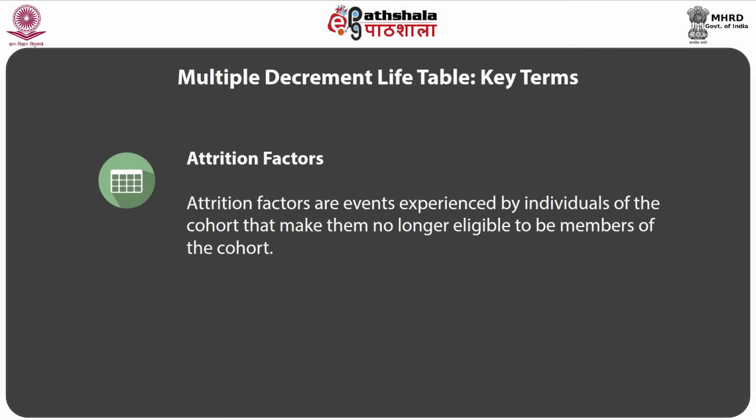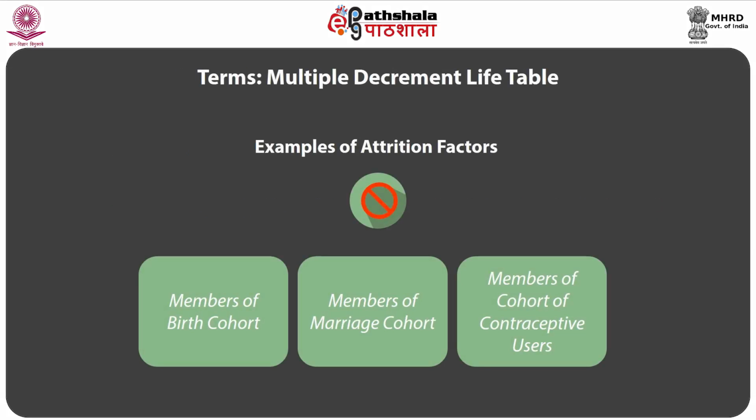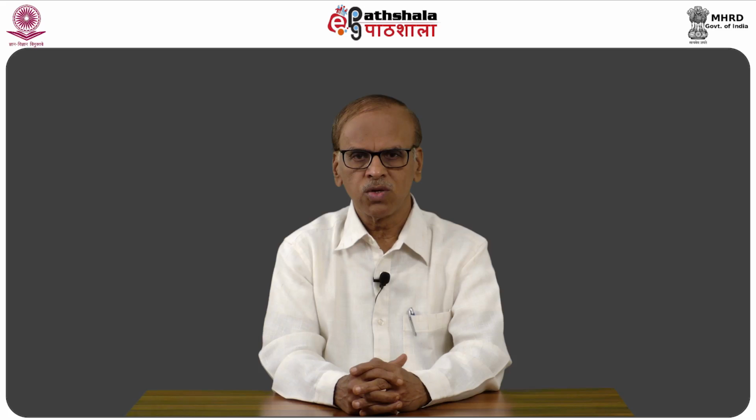Number 2. Attrition factors. Attrition factors are events experienced by individuals of a cohort that make them no longer eligible to be a member of the cohort. Example: members of a birth cohort lose their membership in a cohort by death due to different causes. In this case, the attrition factors are causes of death.